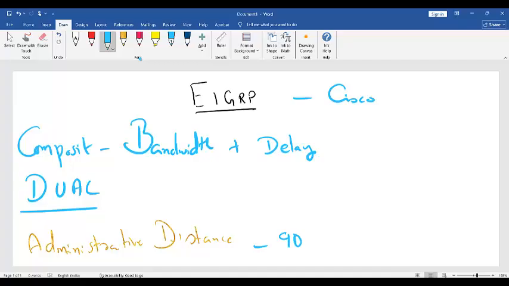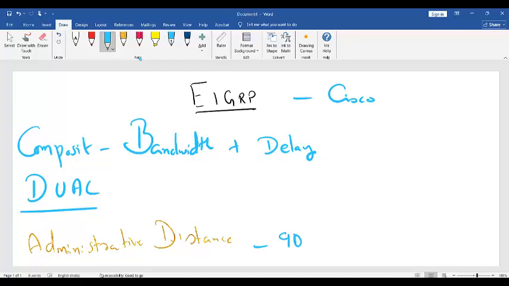Based on what? Based on the administrative distance. So the administrative distance matters only when you run more than one routing protocol in the same network environment on the same routers. Otherwise, this number is useless.